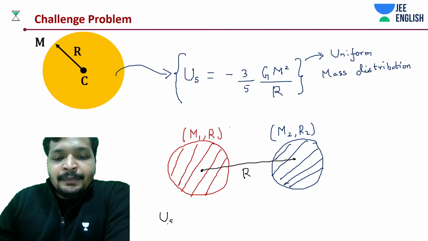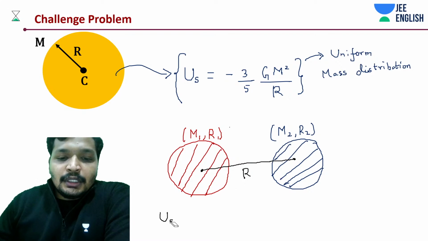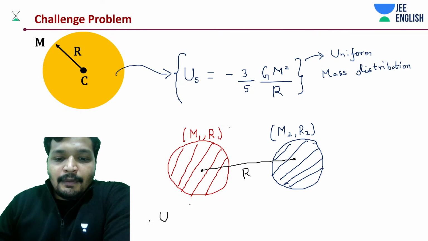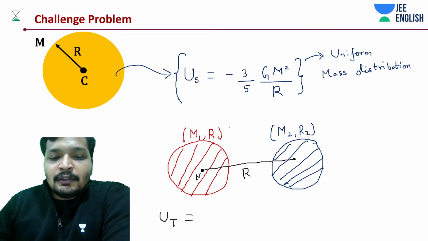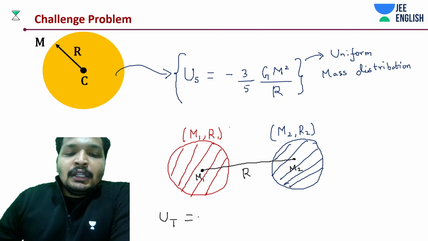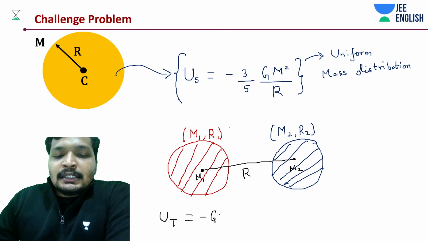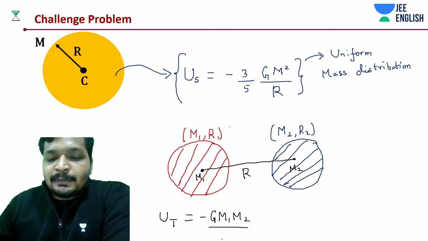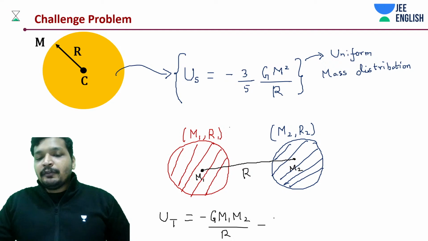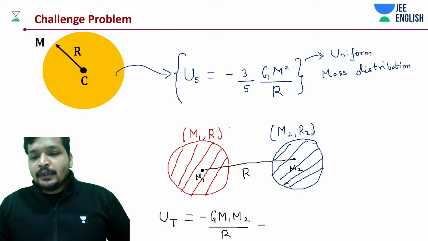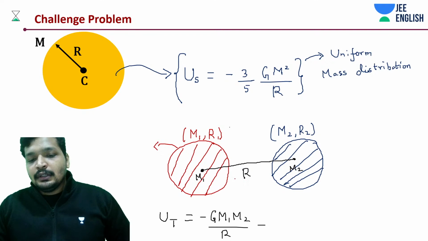Let's call the total potential energy UT. Just like how we do it for a spherical shell, this is going to be minus g m1 m2, two masses, divided by the distance between them r, plus the self energy of this sphere.